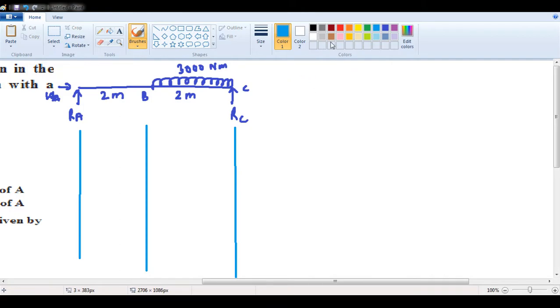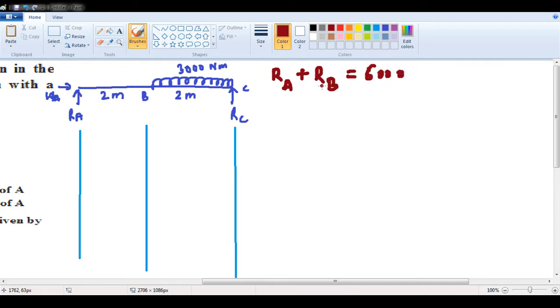So RA plus RC is equal to 3000, and it is spread over how much length? 2 meter, right? So 3000 into 2, that is 6000.